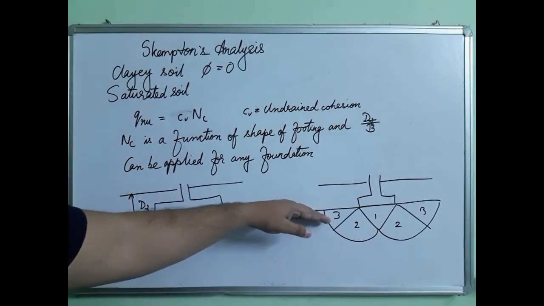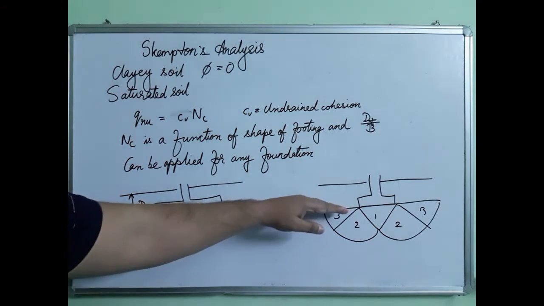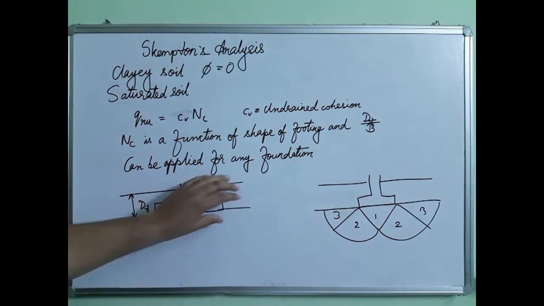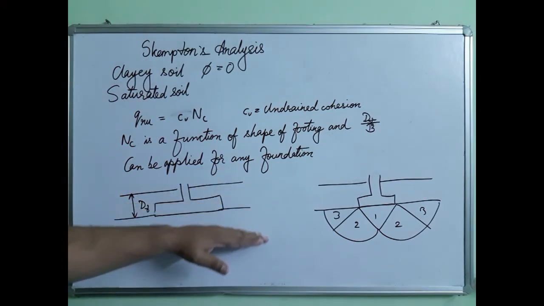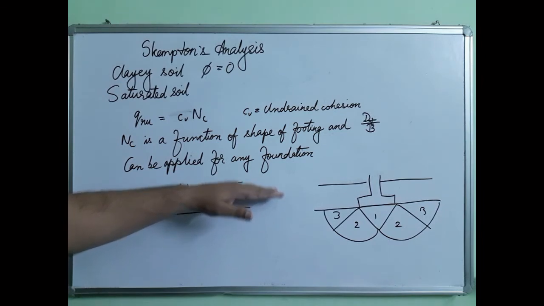That means the effect of shear was only considered till this region, but in Skempton's, it will not be restricted to only this region. It will also be considered for this region.